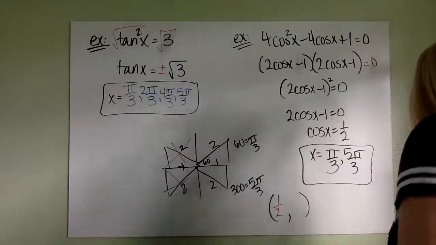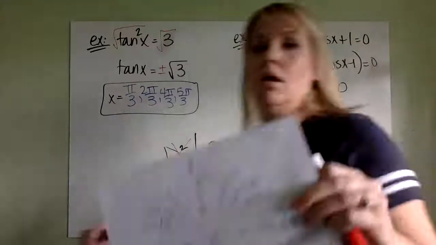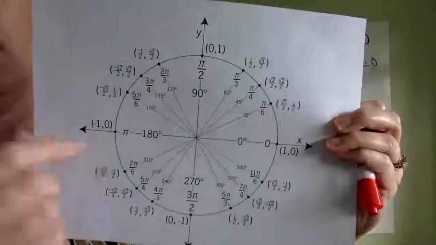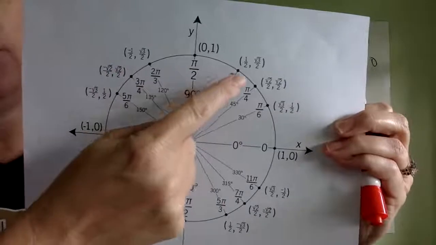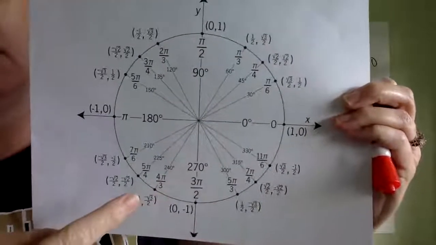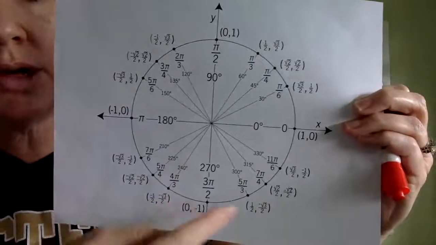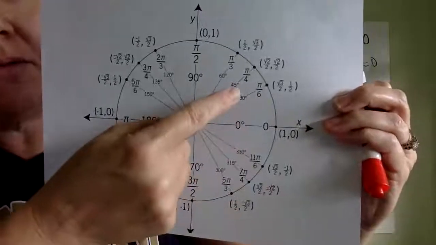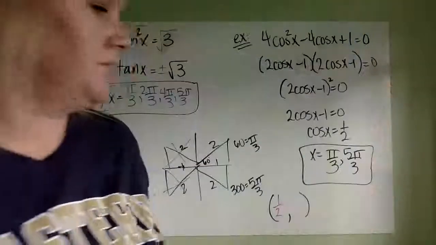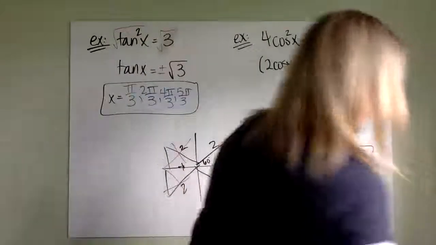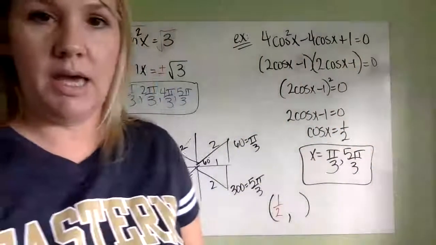Same idea. There's 1/2 there, in quadrant 1 and quadrant 4. Okay, pi over 3, pi over 3. Okay, so those are all posted in Canvas for you.